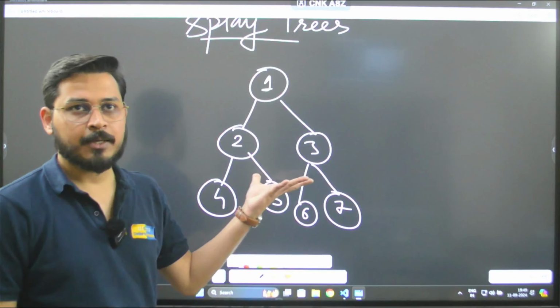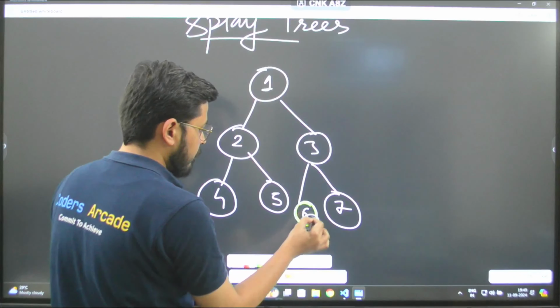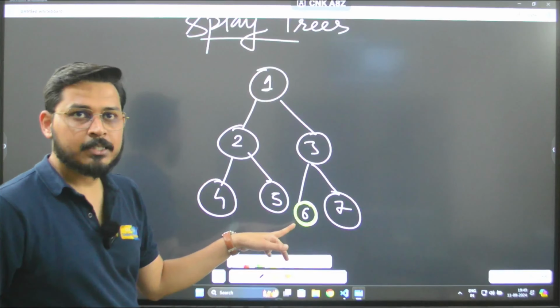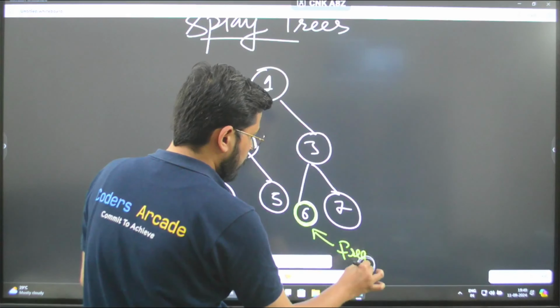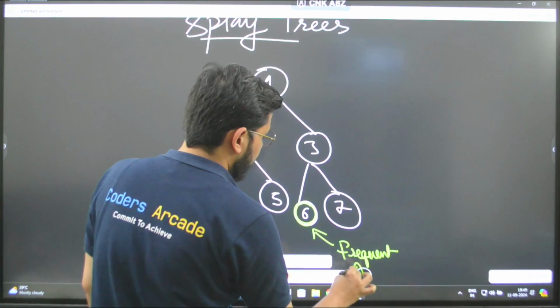Now Splay tree means, let us say you accessed the element 6 from this tree. So this becomes the frequently accessed node.